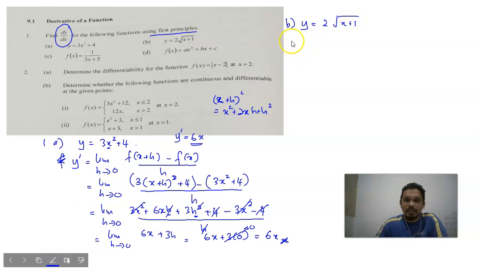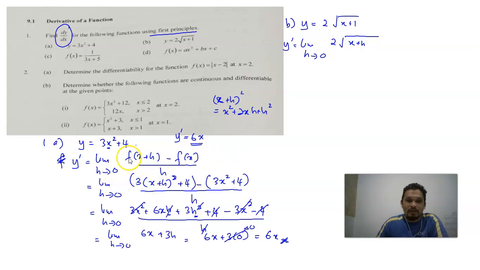So then y prime equal to the limit of h approaching 0 of 2 square root of (x plus h plus 1), the function f with variable x plus h, minus f(x), 2 square root of x plus 1, and everything divided by h.